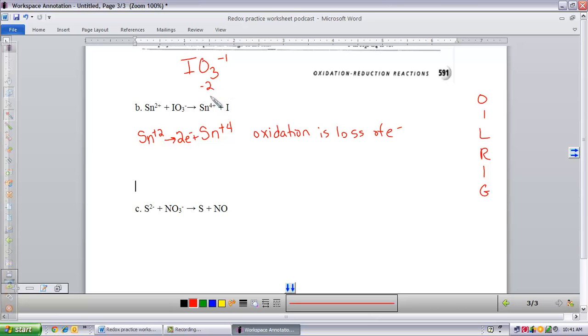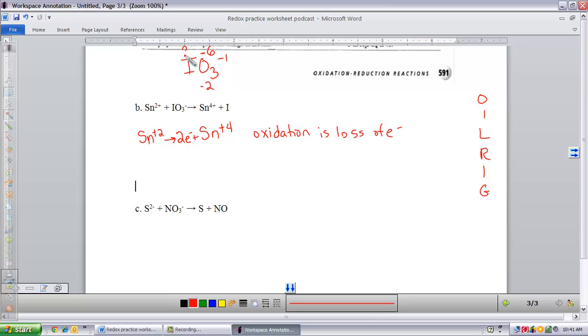Typically an oxygen is a -2 unless it's in a peroxide. You can look back at that table. So each oxygen in this compound is going to have a -2 charge. It'll take 2 electrons. There are 3 oxygens all together, so if each of them has a -2, there's a total of -6. So 6 electrons are going to be taken all together by all the oxygens.